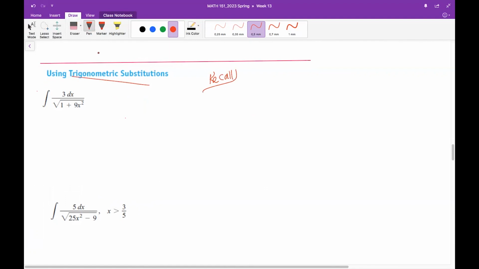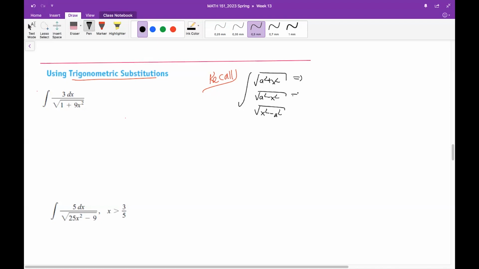Now we are covering a new integration technique, which is called trigonometric substitutions, and it goes like that. When do you apply trigonometric substitutions? Inside your integral, if you have this structure, or a squared minus x squared structure, or x squared minus a squared.